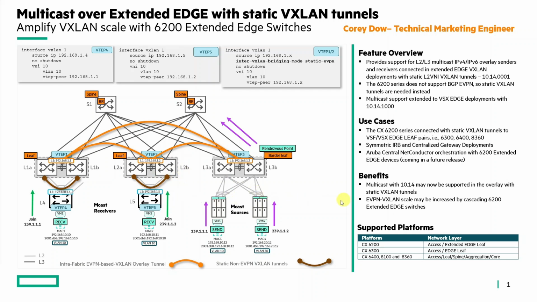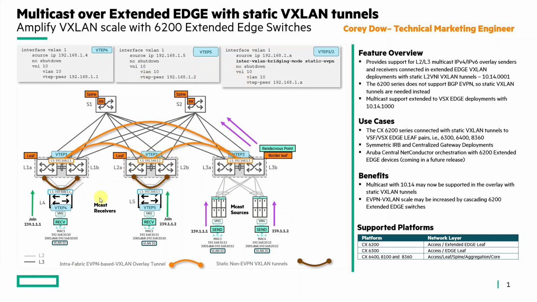So for the supported platforms, the 6200, as we've mentioned, supports the access and extended edge leaf network layer persona, and the 6300, as you see here in these leaf pairs, supports the access edge leaf. And then the 6400, 8100, and 8360 all support this configuration.